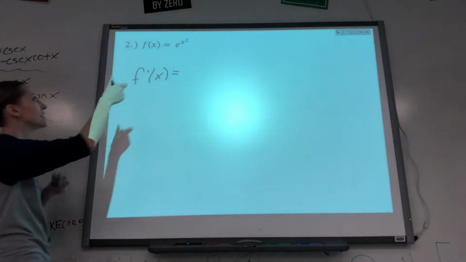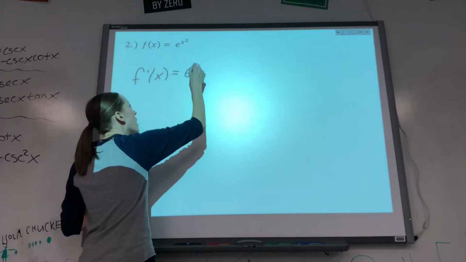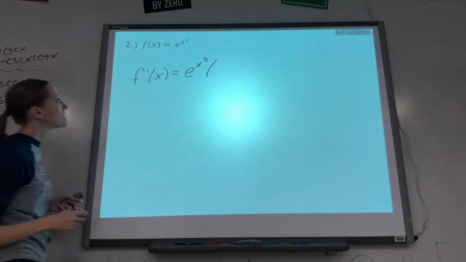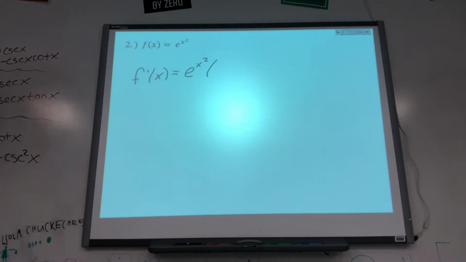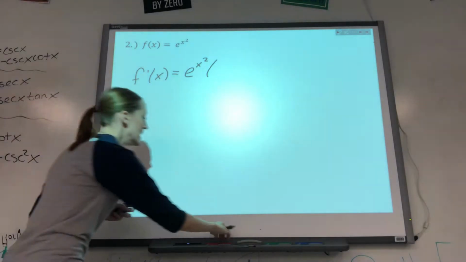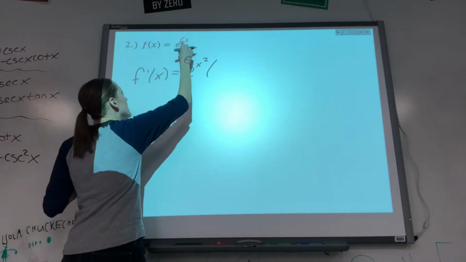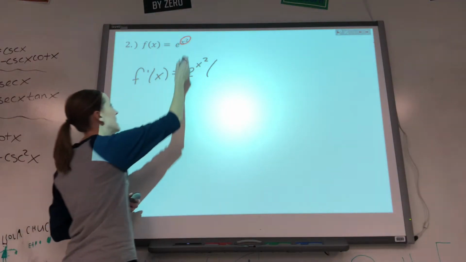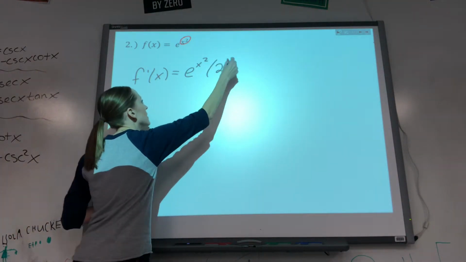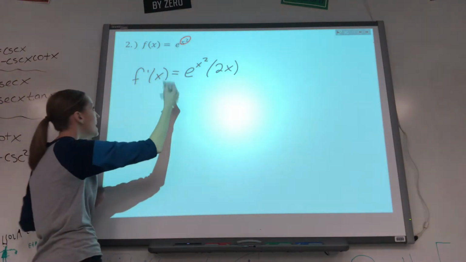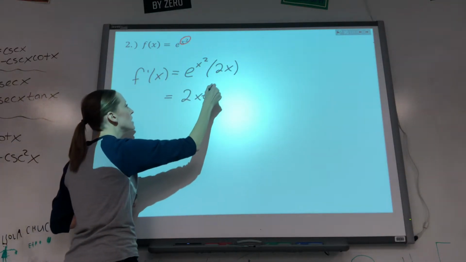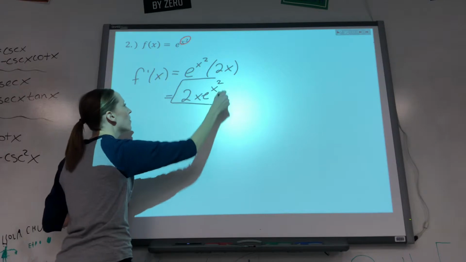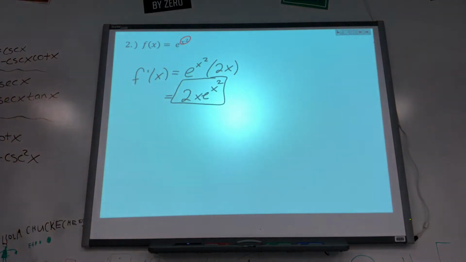It's not just x here, it's x squared. So like last time, I start out by just recopying what they gave me, and then I come back and take the derivative of that function of x. And the derivative of x squared is just 2x. So all I would do here is pull that 2x out front. So the final answer is just 2x e to the x squared.